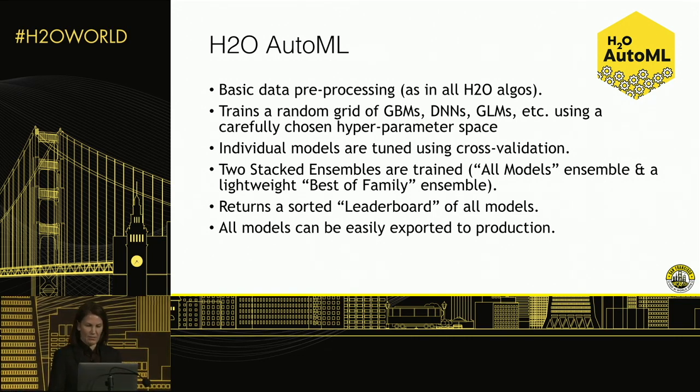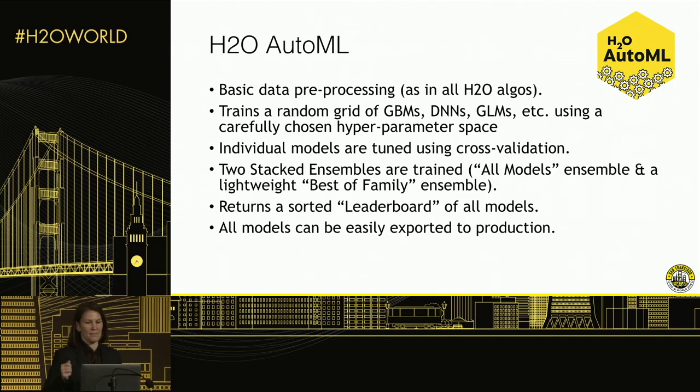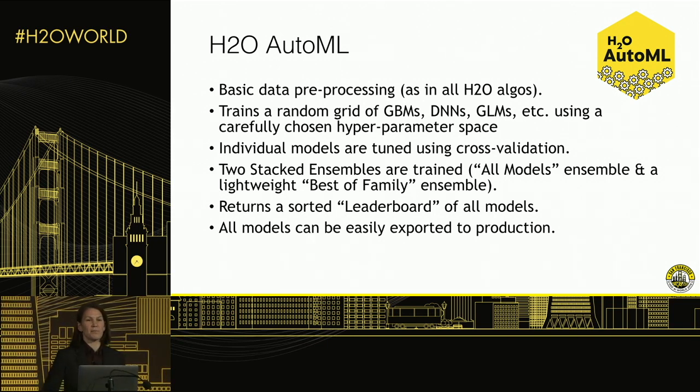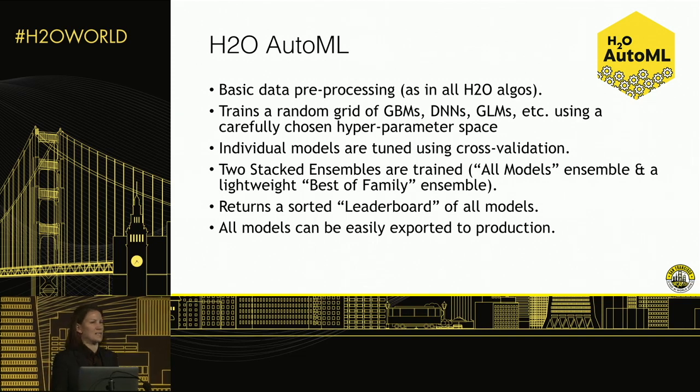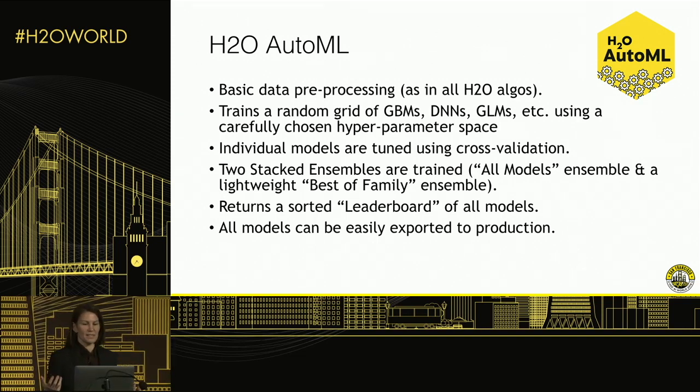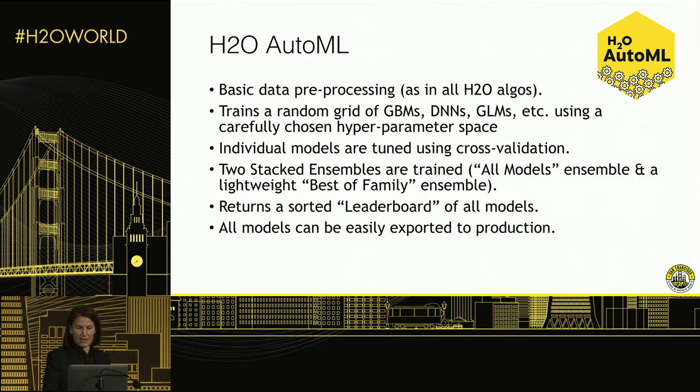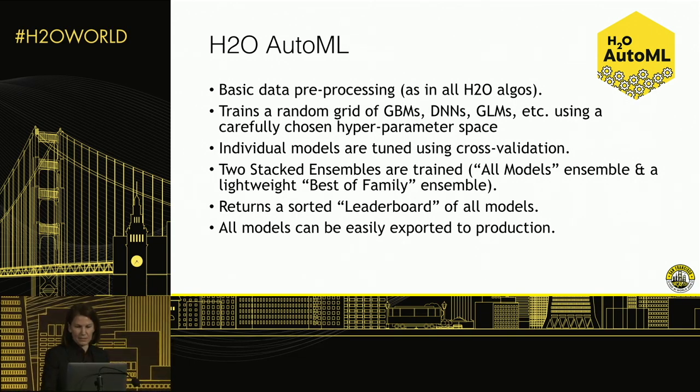And then one is just the best GBM, the best XGBoost model, the best deep neural net, the best GLM, best random forest. That's what we call the best of family ensemble, which is a more lightweight ensemble. If you're trying to put an ensemble into production, you might not want one that has 100 or 200 models in it. Maybe you want something simpler. And then what you get back from AutoML is what we call the leaderboard, which is just a ranked list of all the models and their performance.